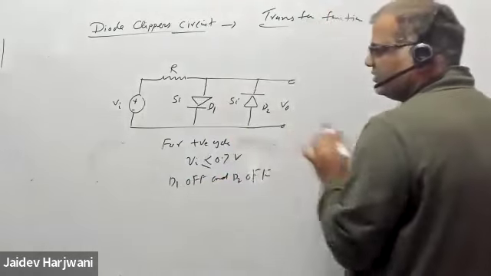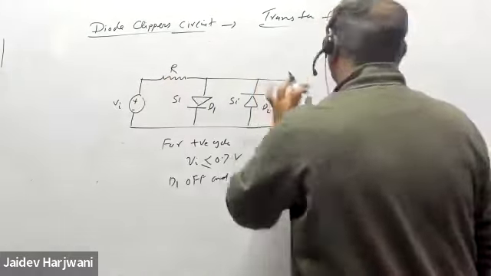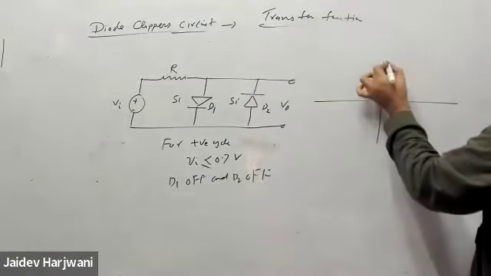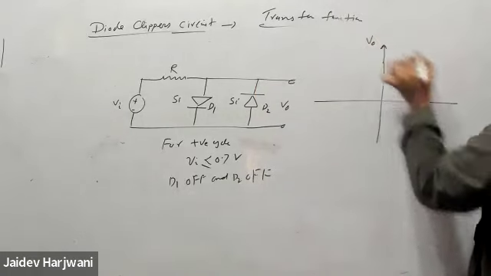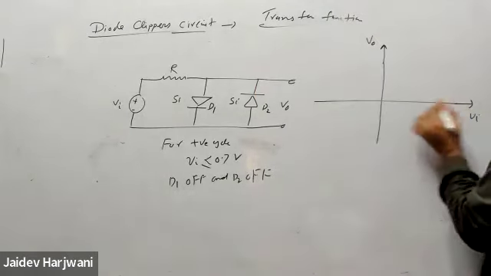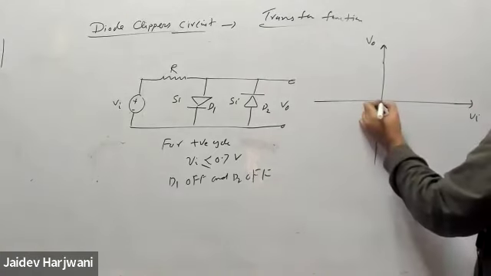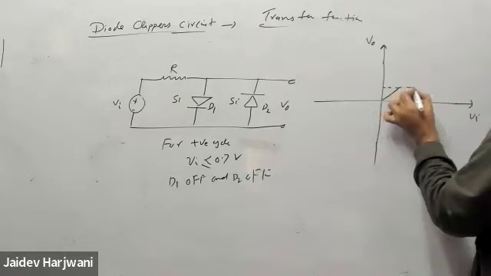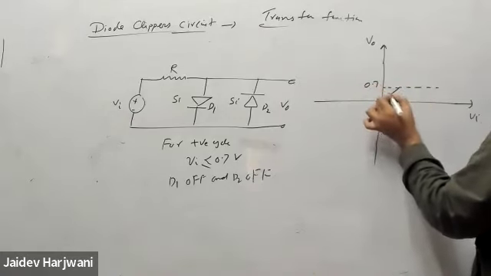Both are off, so this V input will come exactly here. This V output will exactly follow up to 0.7 volt.